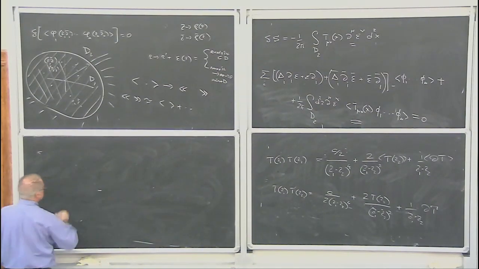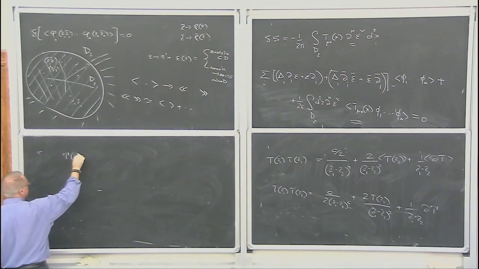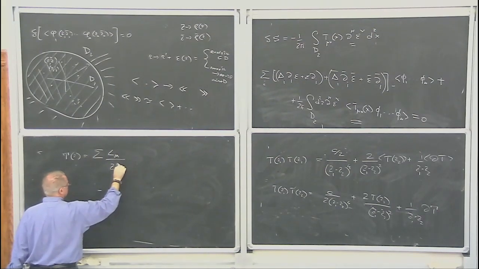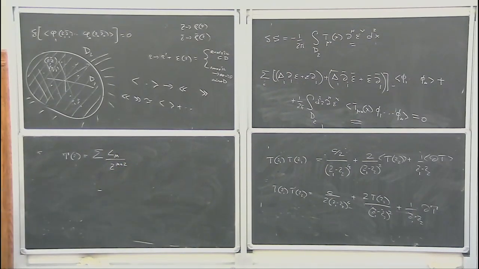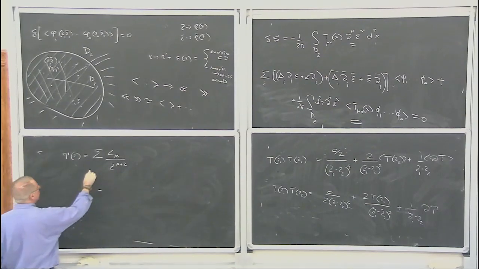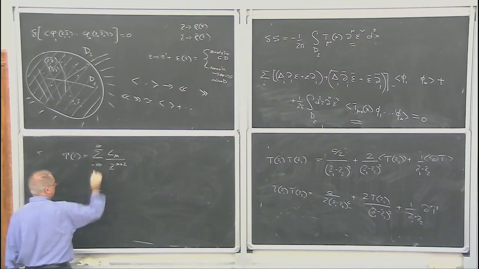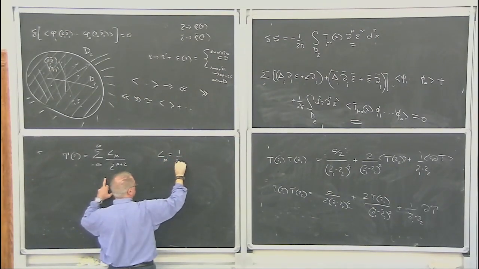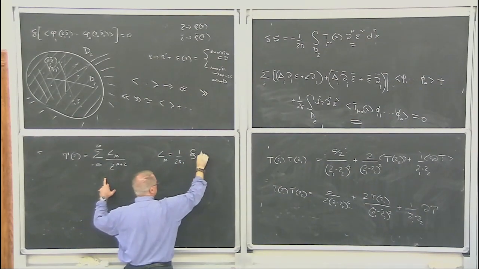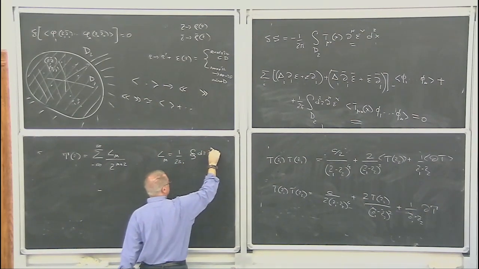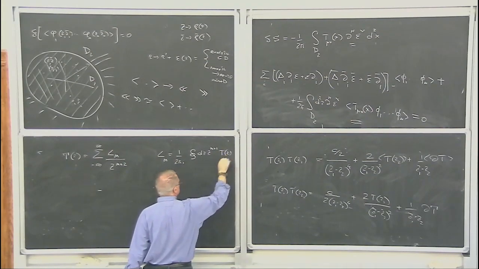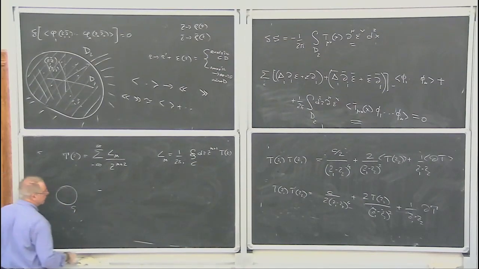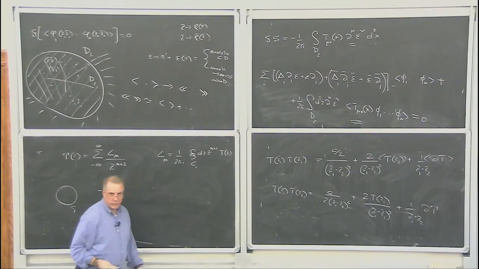So in this case, let me expand T around the origin in terms of modes. Okay? What are the Ln? Well, Ln, you see immediately, is 1 over 2 pi i integral dz z^(n+1) T(z). Okay?